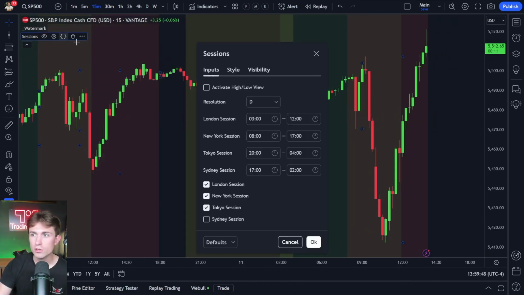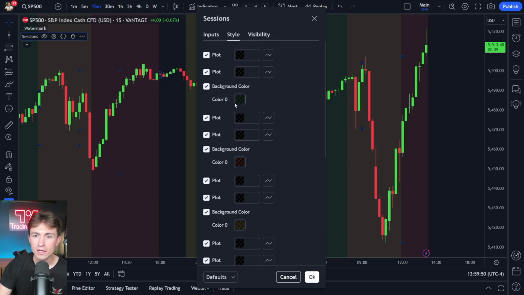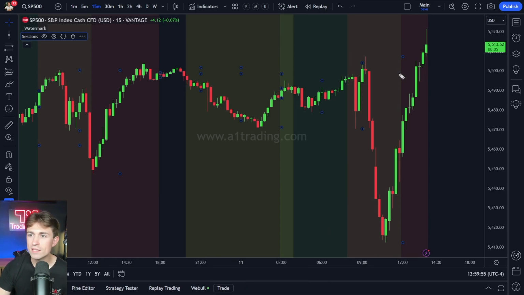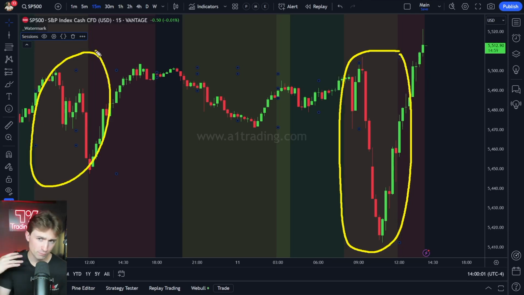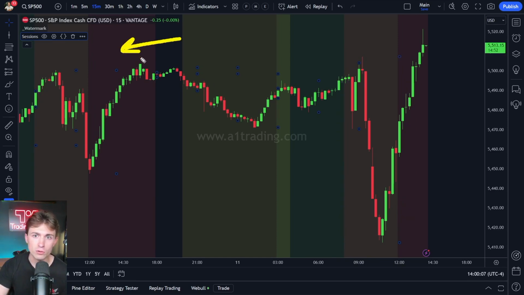So I just want to show you this as an example, because if we take a look, you can change all the different colors to your liking, but you can see here that once the London and New York sessions overlapped, which is this kind of dark shaded brown, that is traditionally where you get the biggest amount of volatility in the market. Now, the red only is going to be the New York session.